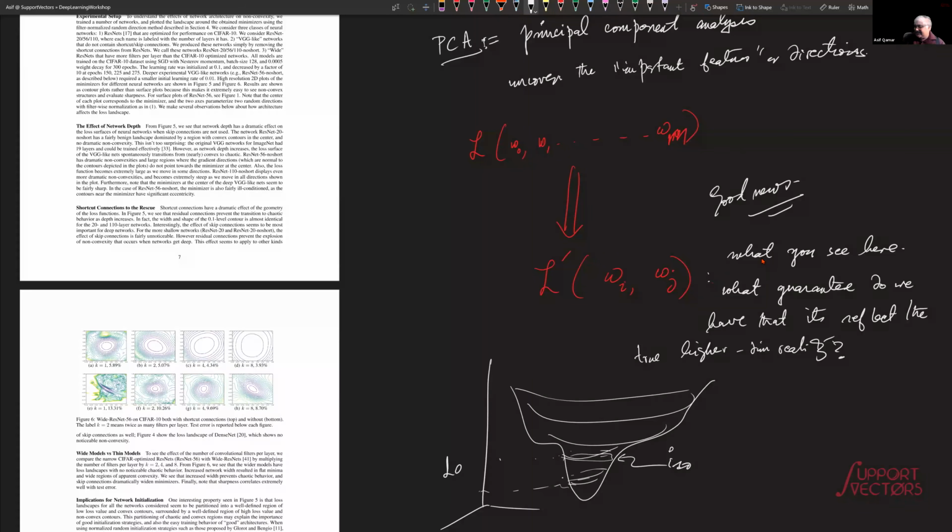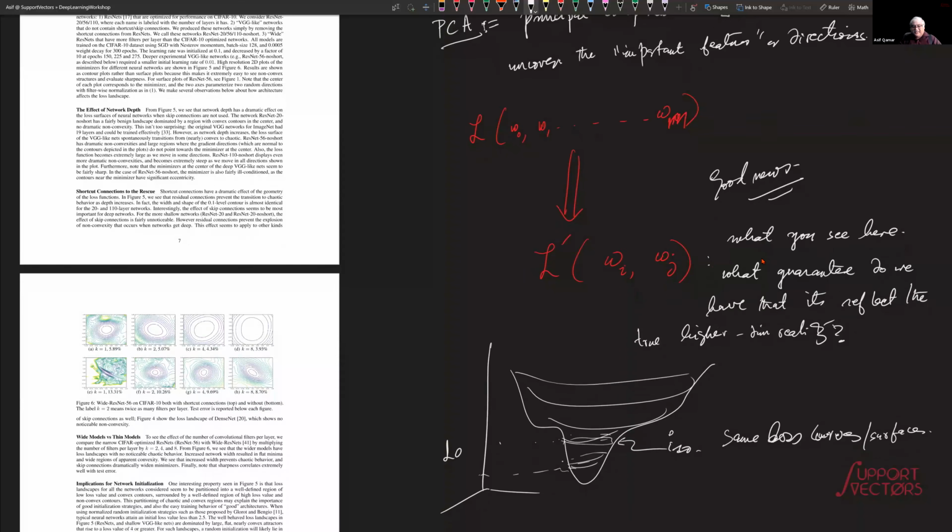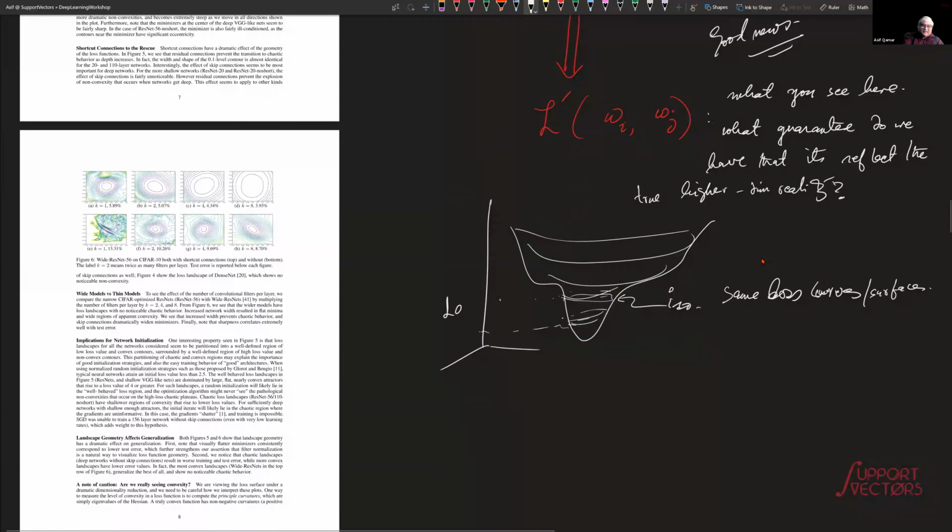Physicists will call them isopotential curves or surfaces, but isoloss, same loss. Let me just call them same loss curves in 2D, and surfaces in higher dimensions. When you project these down to the ground which belongs to Wi, Wj, what you get is little contour surfaces, right?